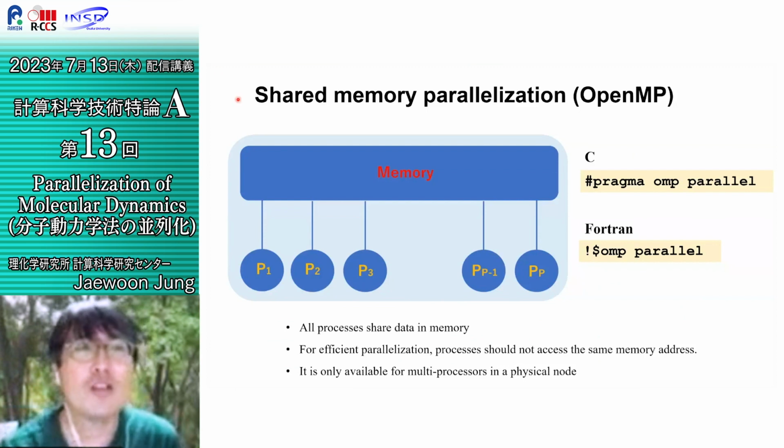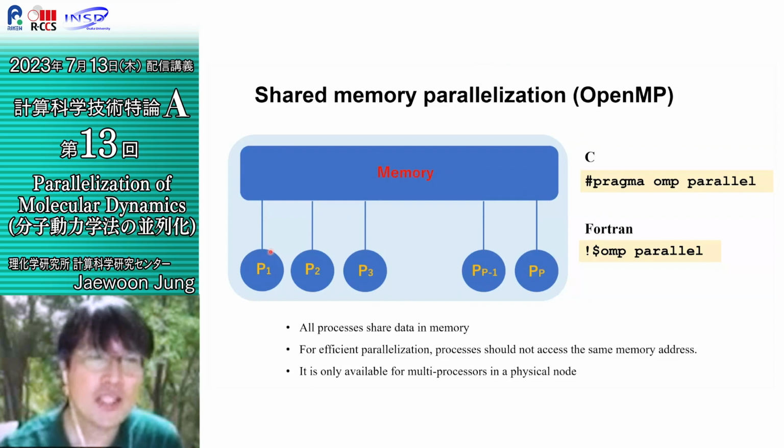In the case of shared memory parallelization, every processor shares the same memory. So, for example, one processor can calculate something and save it to memory. Then another processor can later use the data generated by a different processor because they share the memory.